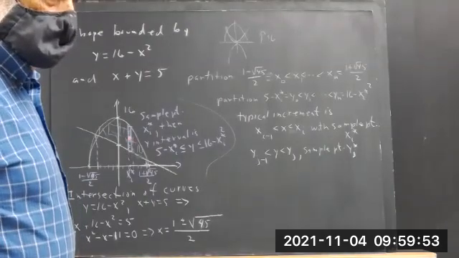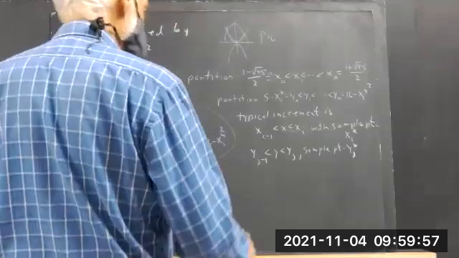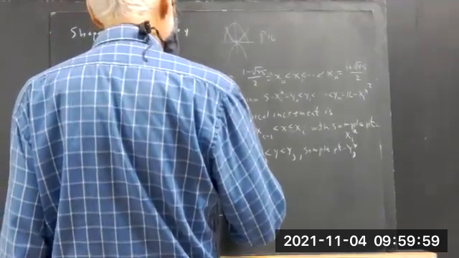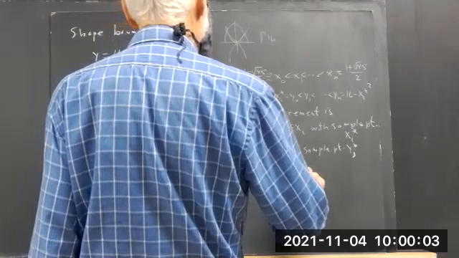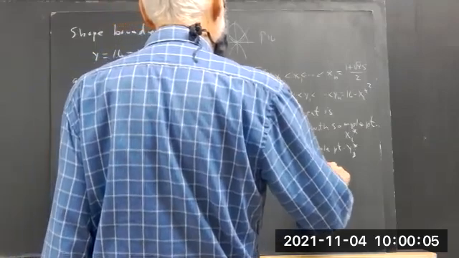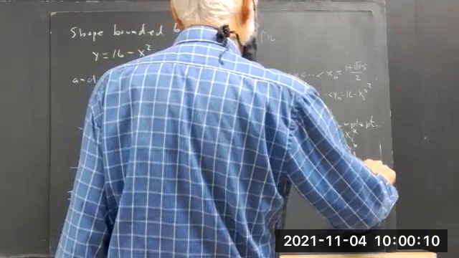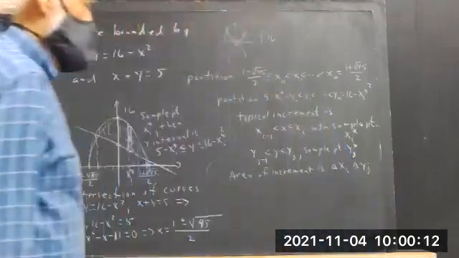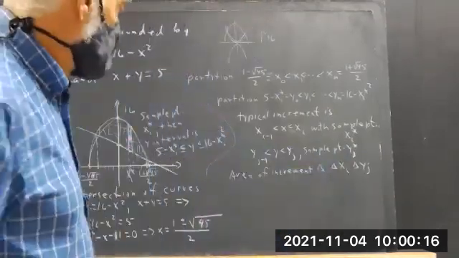Okay. Now, if we want to just get the area, the rectangular increment is delta xi by delta yj.